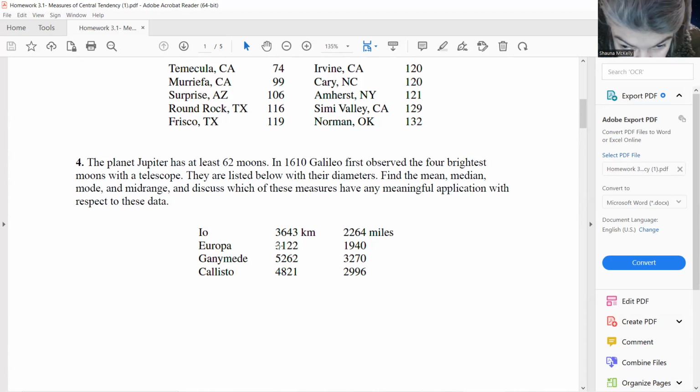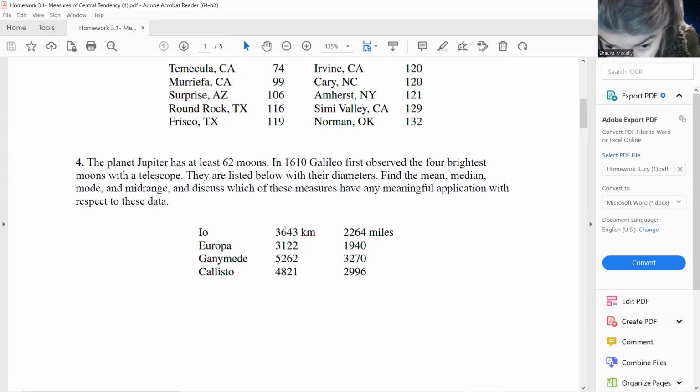So you either use the kilometers or the miles, but you don't put all 8 of these in your calculator. This, like for example, 3,643 kilometers is 2,264 miles. So use 1 set of data, okay?